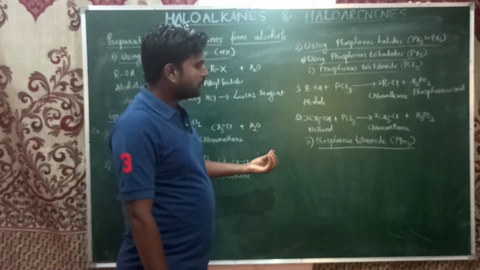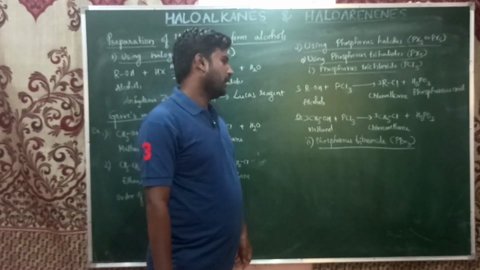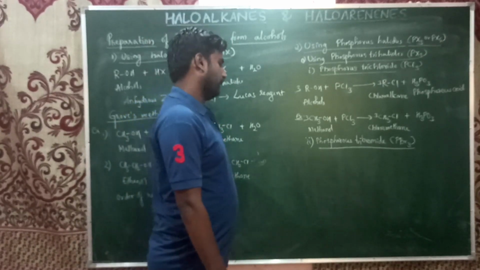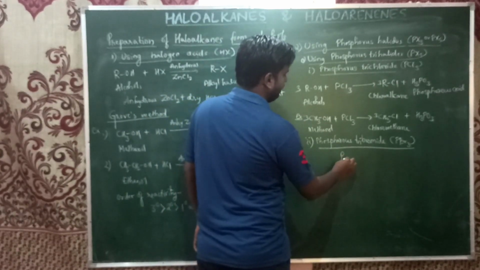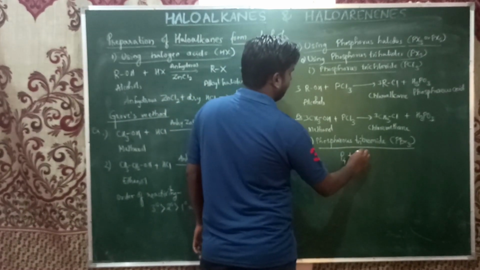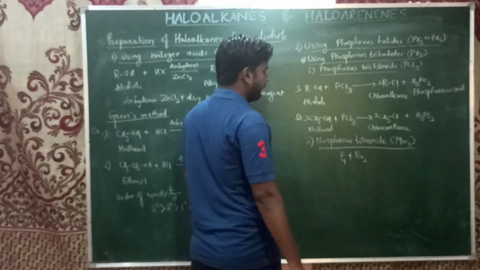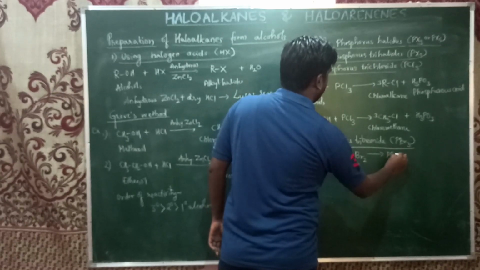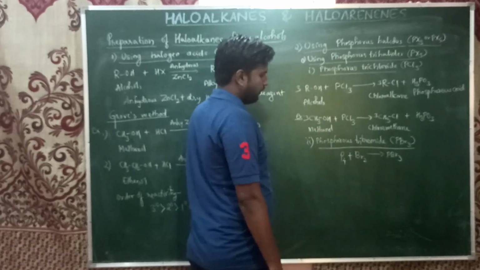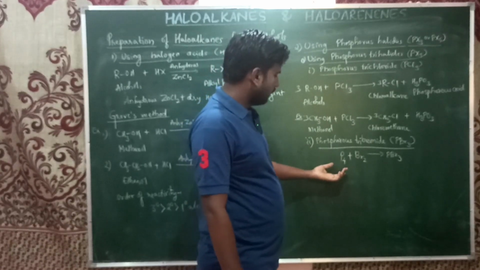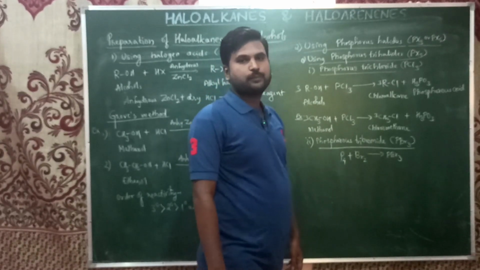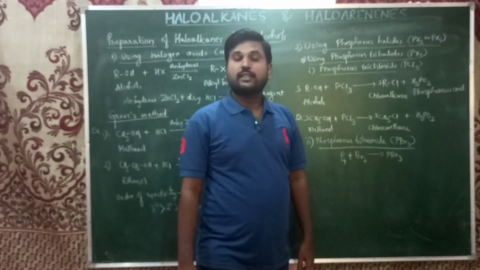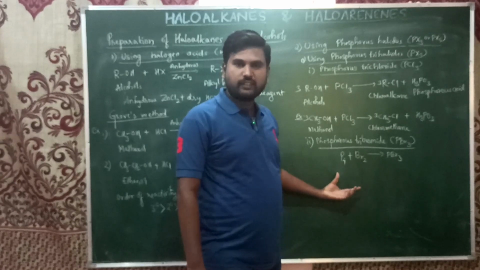That is why we need to first prepare phosphorus tribromide, from which we can synthesize the alkyl halides. First the phosphorus is treated with bromine. Phosphorus is usually available as P4, and it has three allotropes: white phosphorus, black phosphorus and red phosphorus. In this case we use red phosphorus.